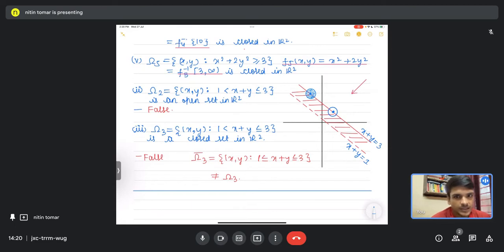So omega 2 is not an open set. Similarly, for the third option, omega 3 is not a closed set. Why? Because its closure will have both less than or equal to, whereas omega 3 has strict inequality from the first side. So it is not a closed set.